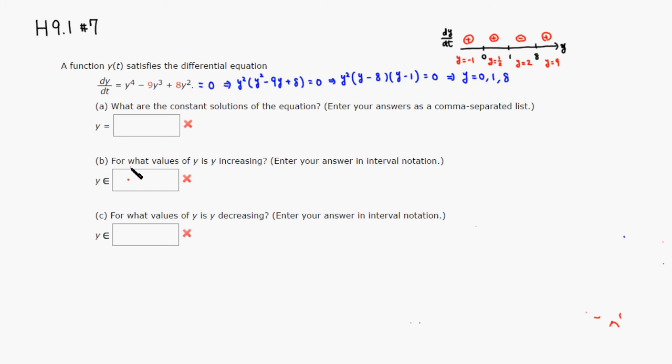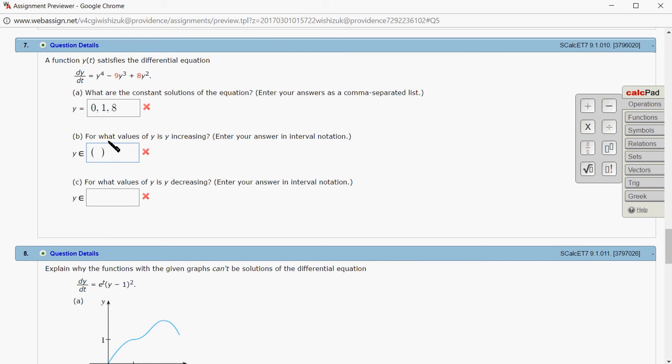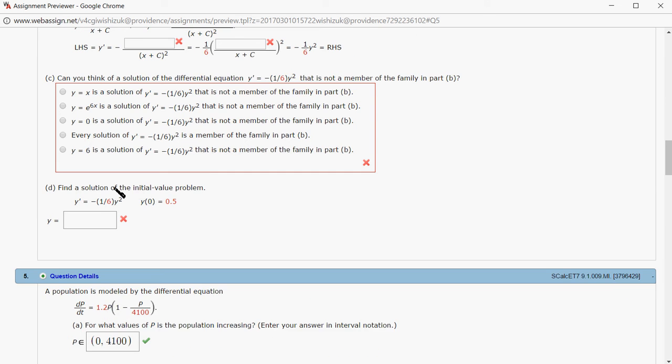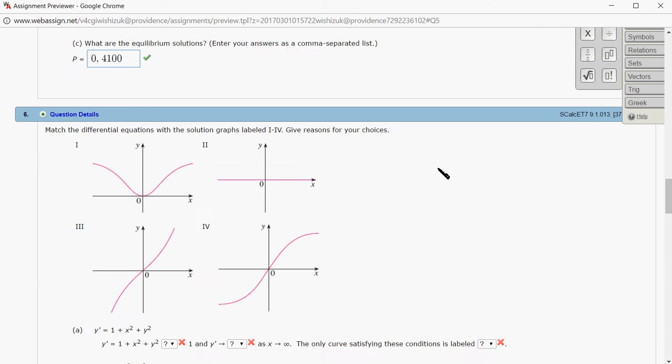So in interval notation, we type negative infinity to 0, and also 8 to infinity. And for what values is y decreasing? That's between 1 and 8.